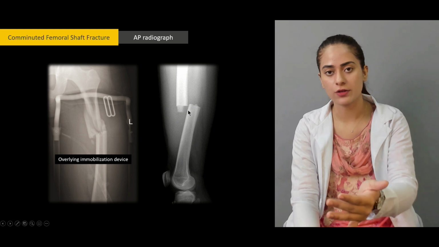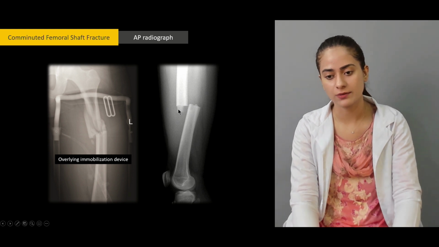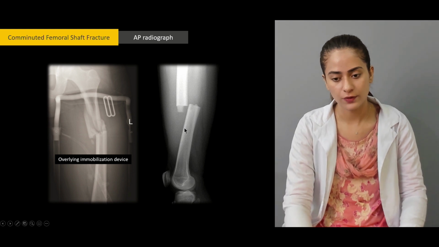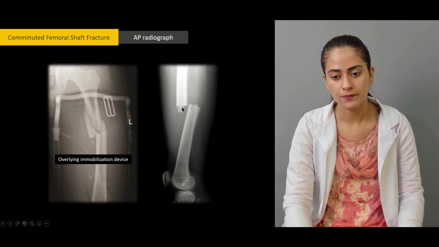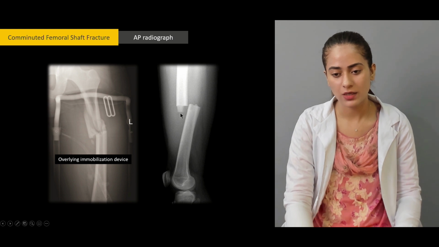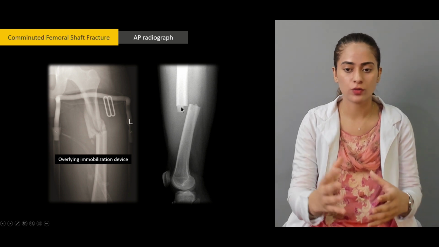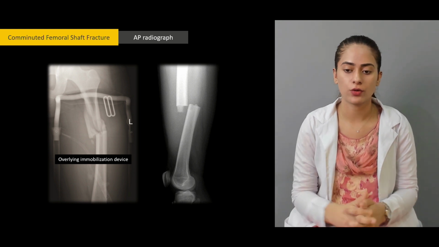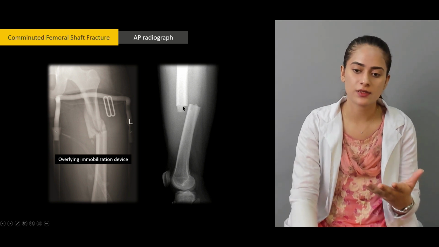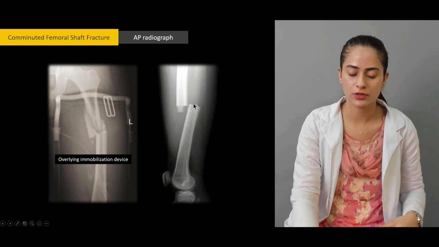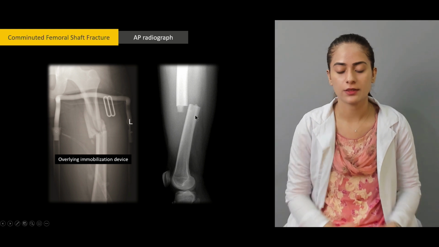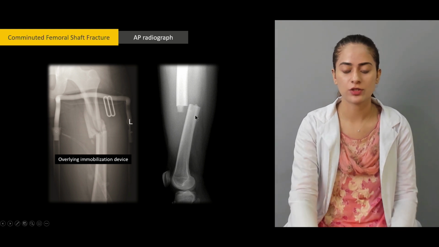We are calling it a comminuted fracture because this is the lateral view. There can be a fragment here when we view it from the AP view. But here it seems as if this is another fragment, and these two are separate fracture segments of the bone.